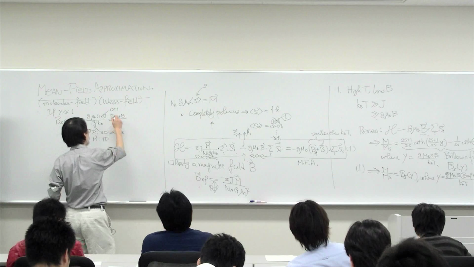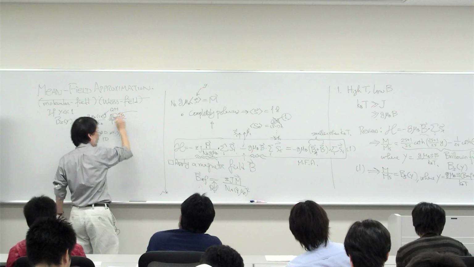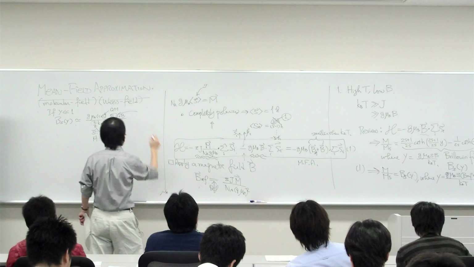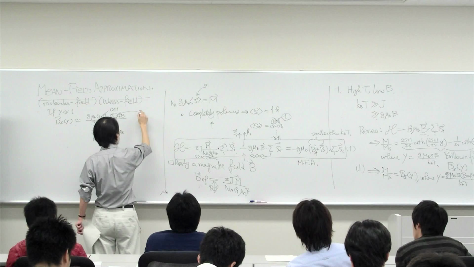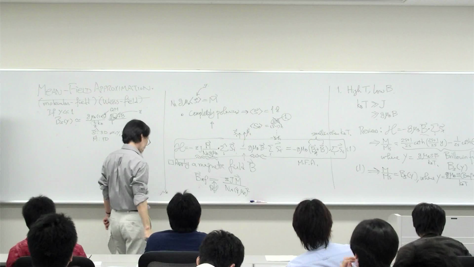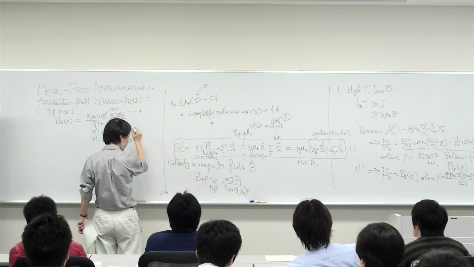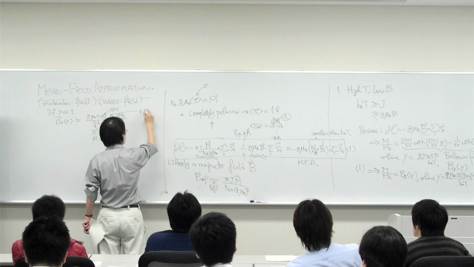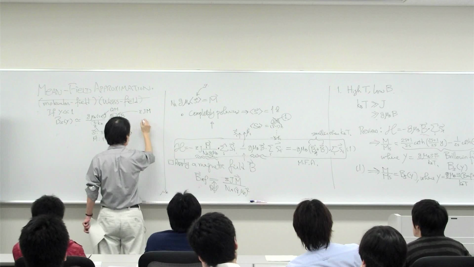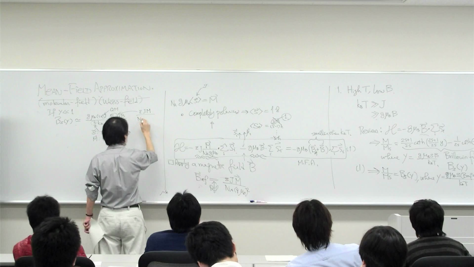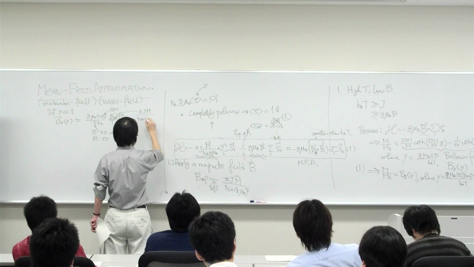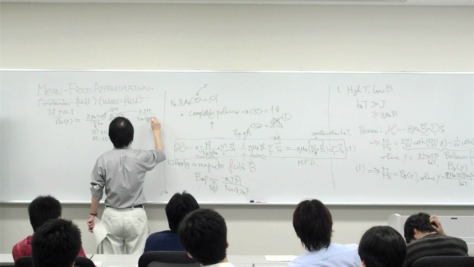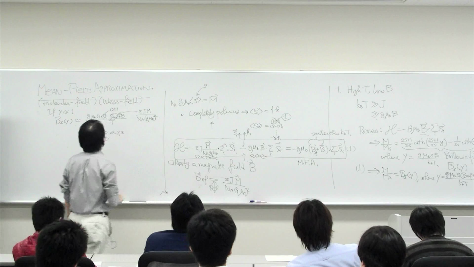Now, what was B sub mf? It was defined there. I'm looking at only the component in the direction of the magnetic field, so all the vector signs have disappeared. Z times J times M divided by N Avogadro divided by G mu B squared. Okay?